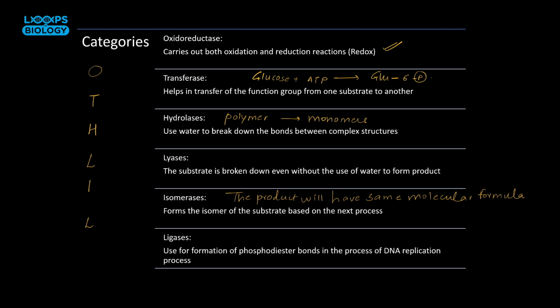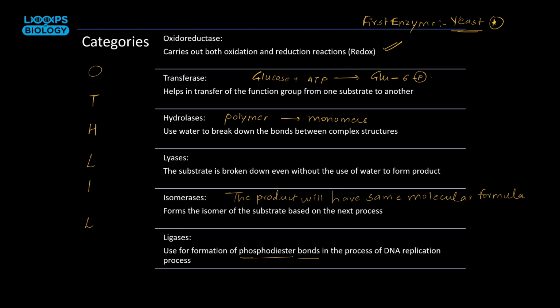And finally, ligases help to form your phosphodiester bond, and we have seen the phosphodiester bond in nucleic acids. Now, the first enzyme: this enzyme term was discovered because of identification inside yeast. So your first enzyme was identified inside yeast.